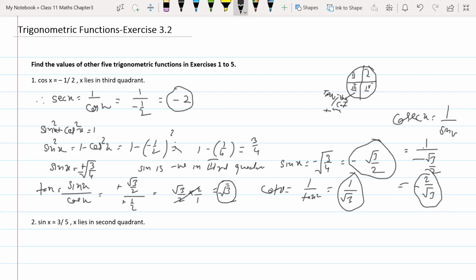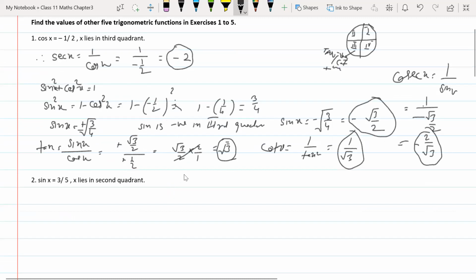So here I'm writing down all the values.